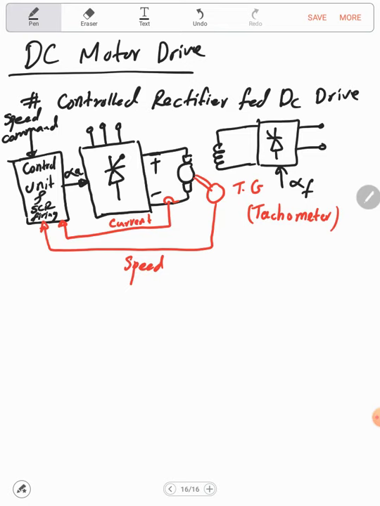So this is the circuit diagram. We can plot the equivalent circuit here.